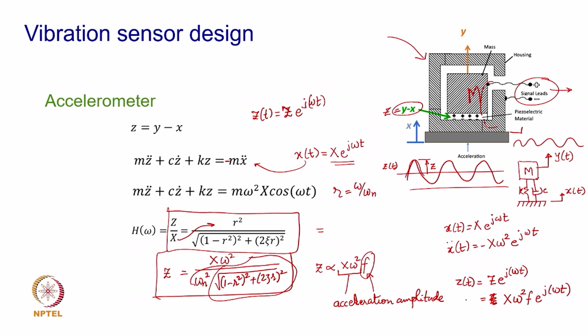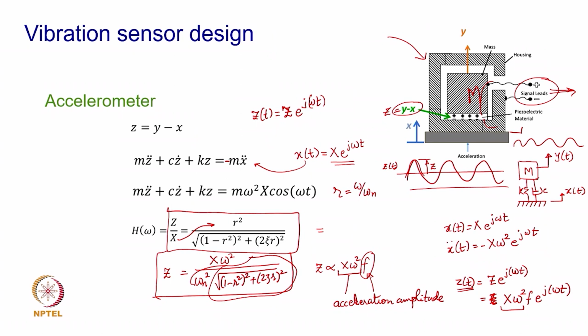So the dynamic strain in the piezo material is indeed proportional to the input acceleration, and when you take the signal out, it is proportional to the strain, because that is the property of the piezo material: the charge output is proportional to the mechanical strain.